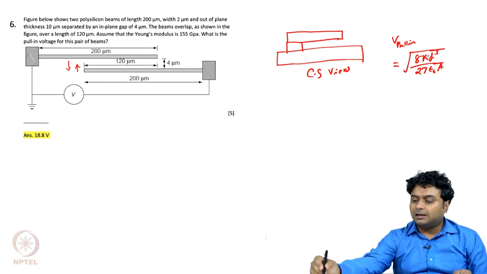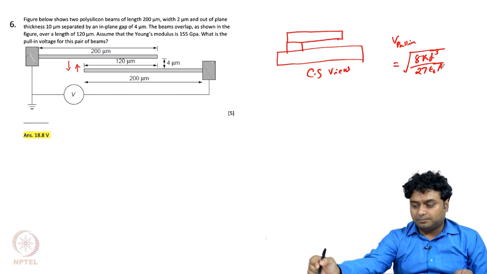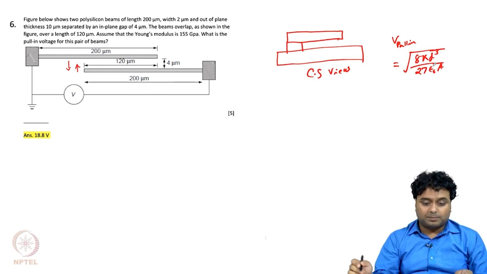Now this k is the equivalent stiffness constant of the cantilever, d is the gap between the top plate and the bottom plate, A is the effective area of the two plates, and epsilon naught is the permittivity of free space.